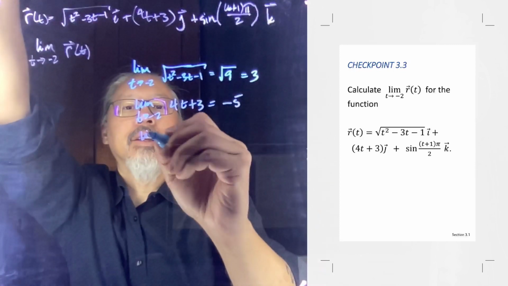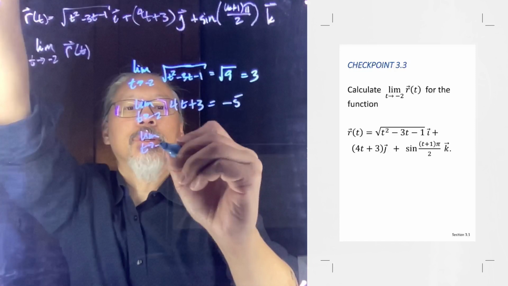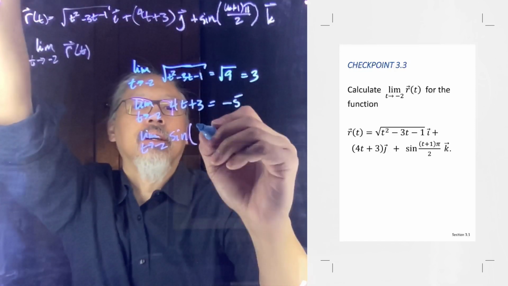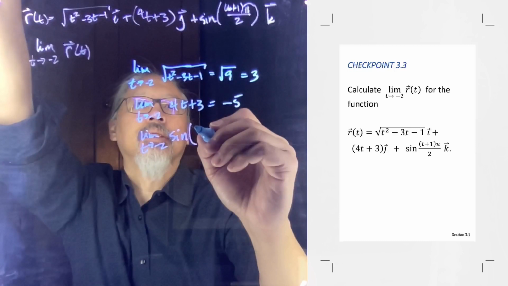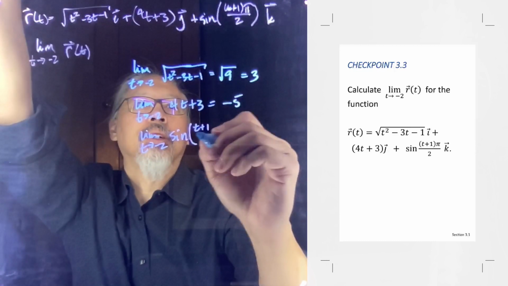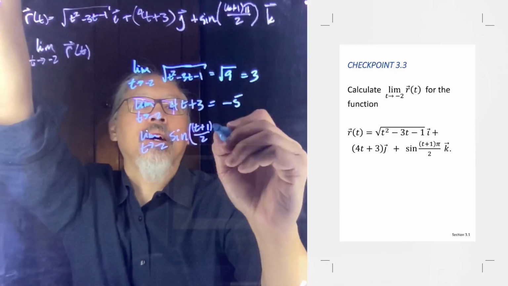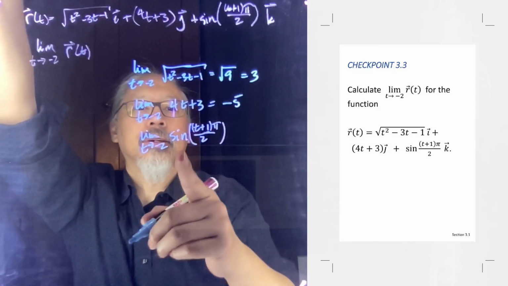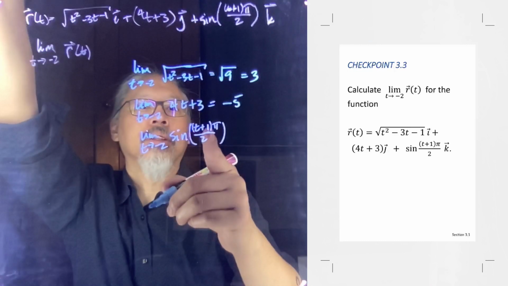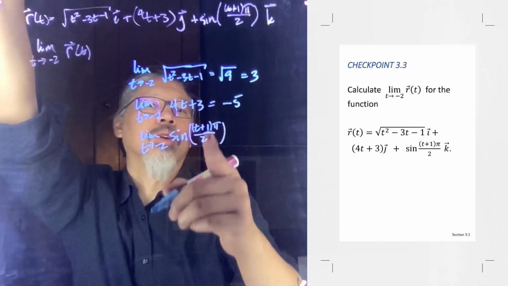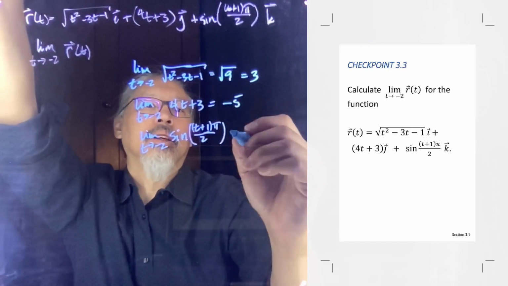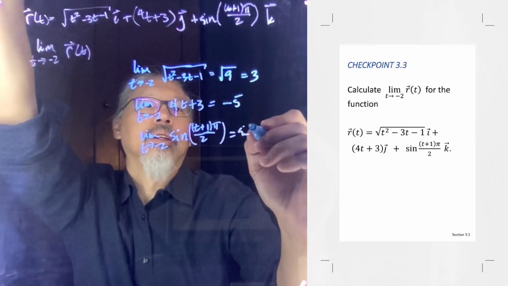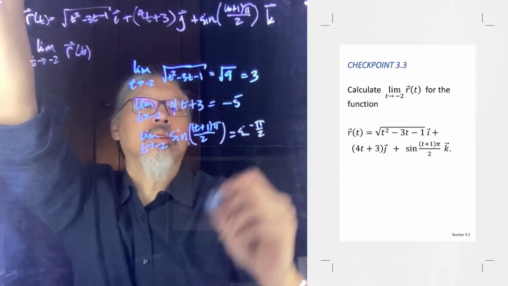And then finally, let's take the limit as t approaches -2 of this function, sine of (t plus 1) times pi divided by 2. And this is going to give us, with -2 up on top, a -1, so sine of negative pi over 2.